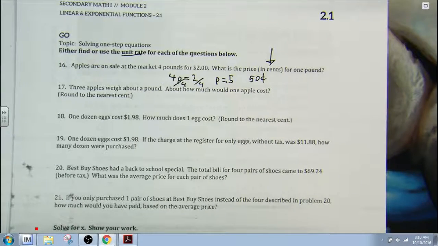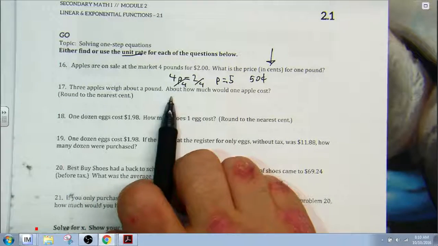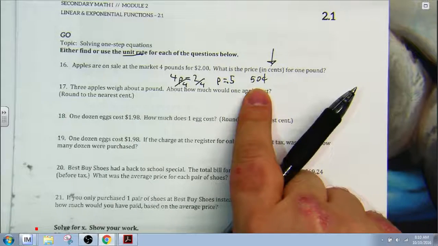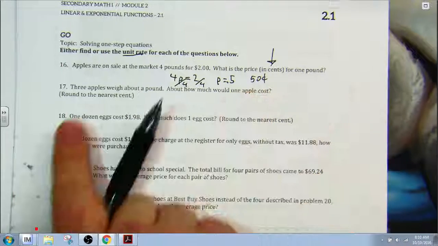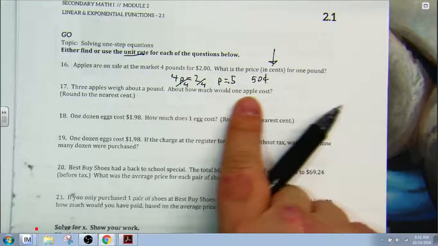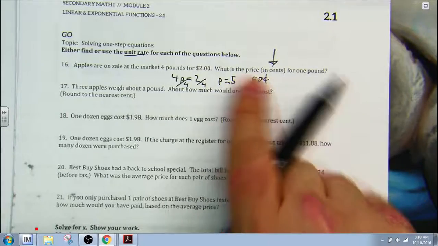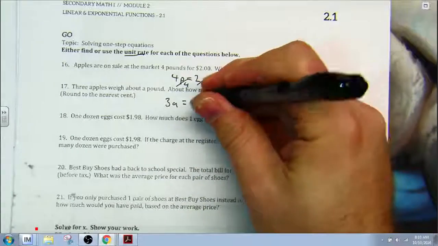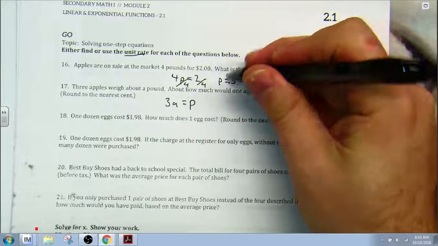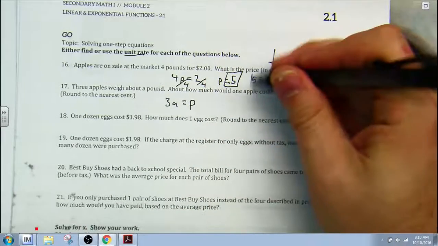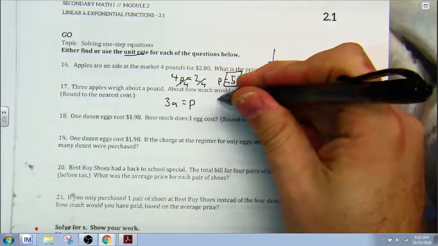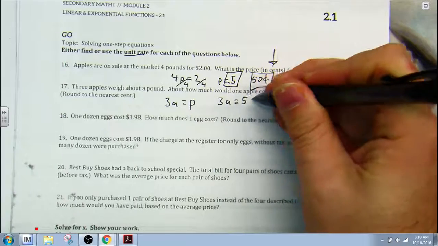Okay. 3 apples weigh about a pound. How much would 1 apple cost? Okay, so if I know it's 50 cents a pound, and I know that 3 apples is about a pound, I know that 3 apples is 50 cents.